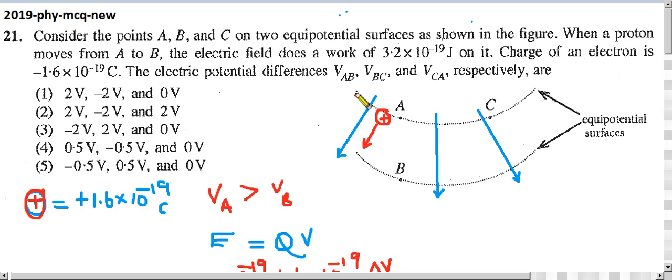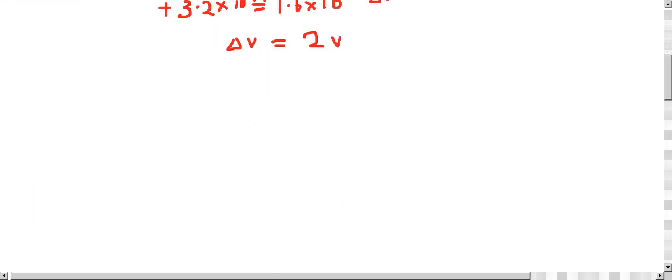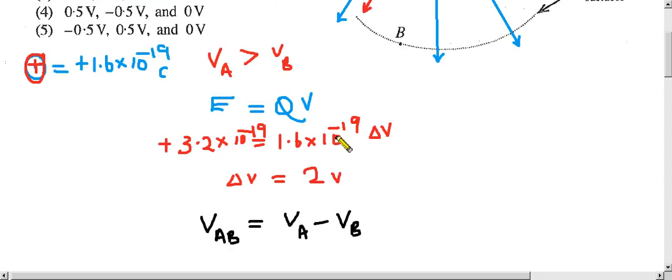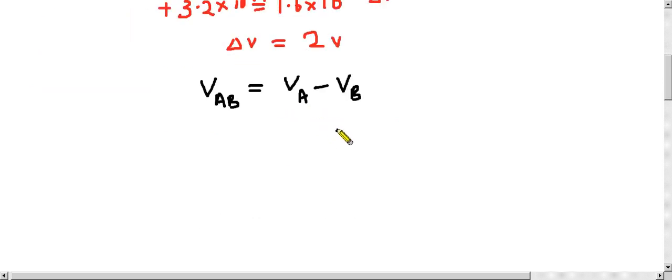So what they ask first is VAB. So we can write the equation. VAB means VA minus VB. So we know VA is greater than VB. So there must be 2 volt difference.